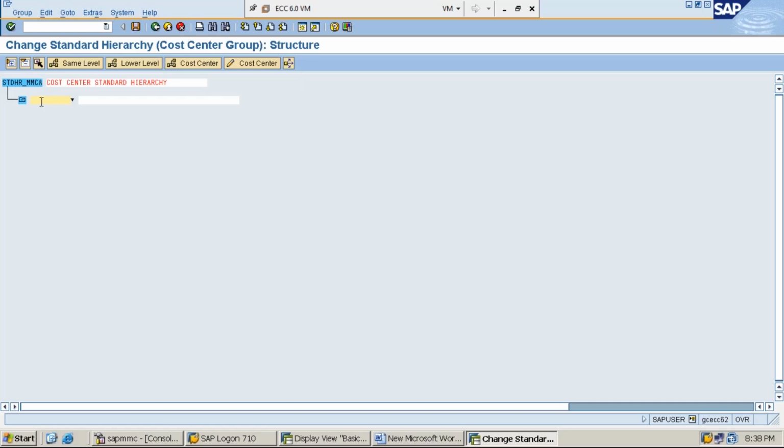See, one node has been attached. So I am naming it as PRODUCTION. And I would like to give the description as production departments group.